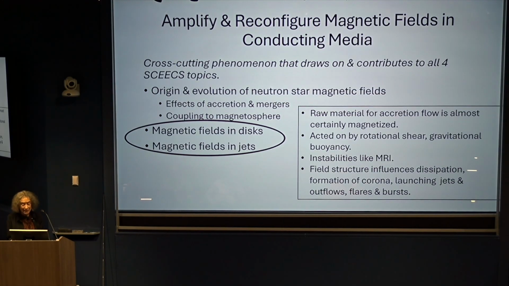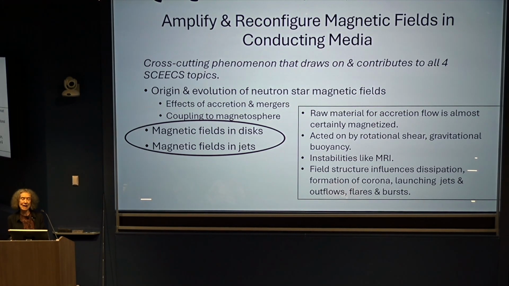There are instabilities like magnetorotational instability that's been mentioned many times, maybe magnetic buoyancy instabilities like Parker. And the structure of the field influences how magnetic energy is dissipated, how a corona is formed, how jets are launched, and the nature of accretion, the flares, the bursts, and the collimation of the outflows.